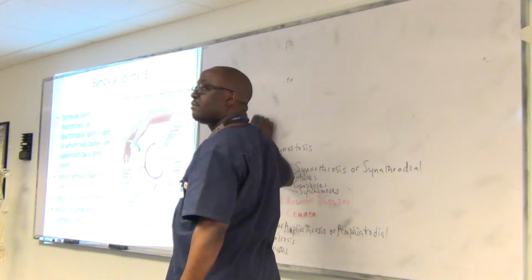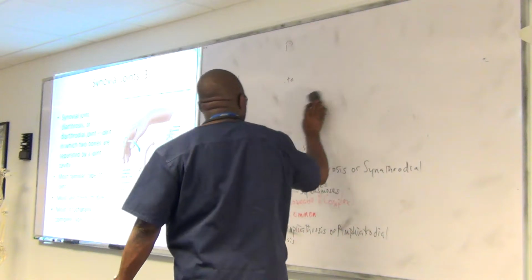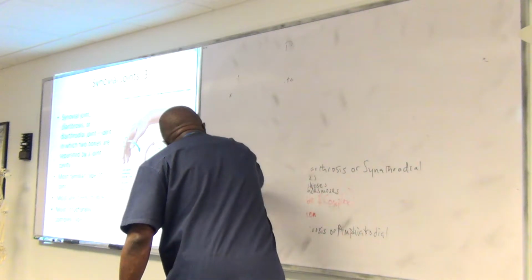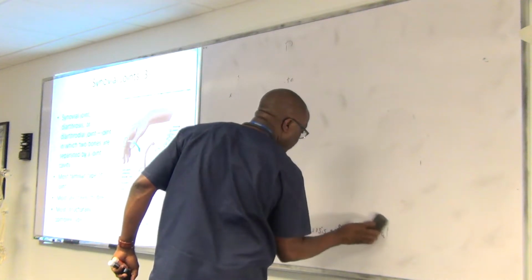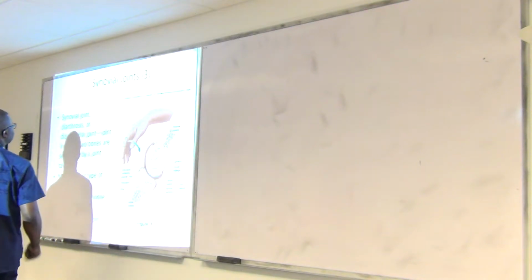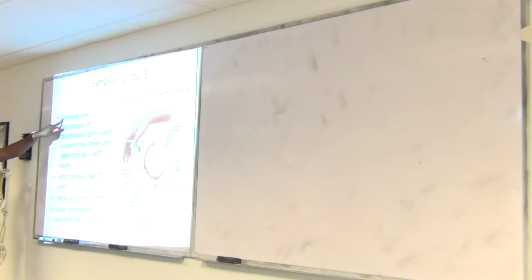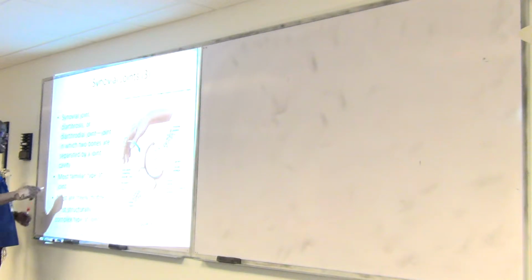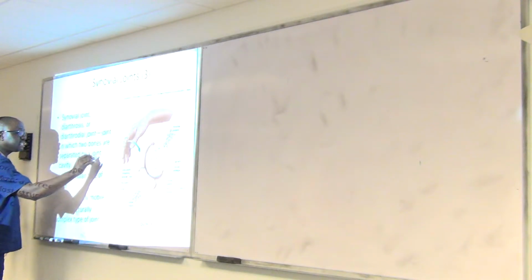Nobody. You thought about it, but you didn't give it a good thought, right? The synovial joint or diarthrosis is when two bones are separated by what we call a joint cavity. There is a space between them.